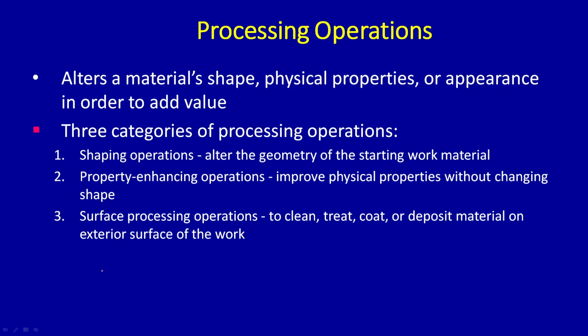Let us now talk about processing, that was the recap. So, what do you do when you process a material? You alter the material shape, you alter physical properties, or sometimes you alter appearance in order to add value to the product. Very simple. This is a pen which is used to write on the computer screen.